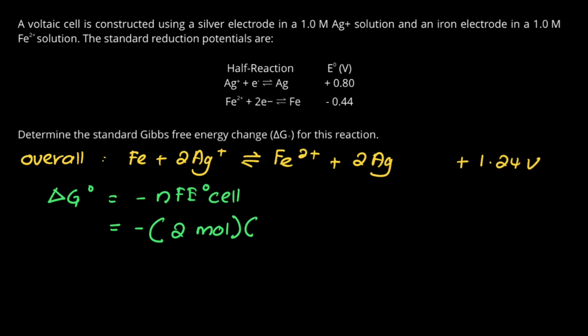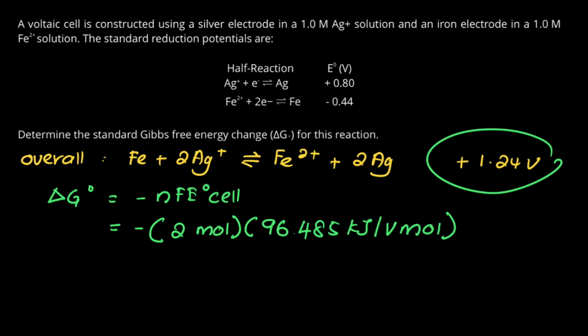And then F is a constant value, 96.485 kilojoule per volt mole. And then your E node cell is the one that you have calculated, 1.24 volt. Same thing that we do before, we need to look at the units, so here you can cancel out with this, and here you can cancel out with this.